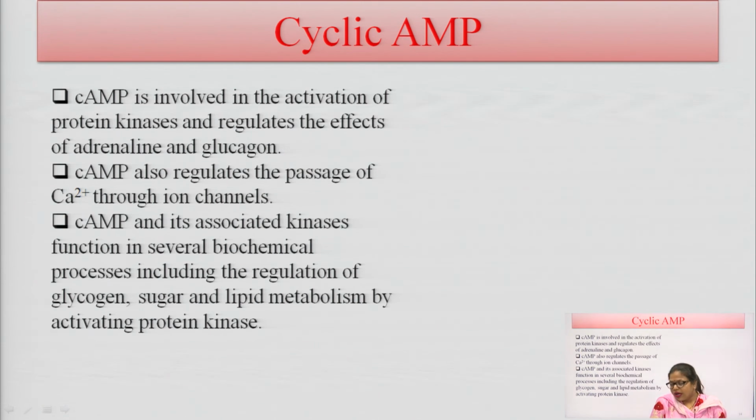It also regulates the passage of calcium ions through ion channels, and is helpful in muscle contraction. cAMP and its associated kinase enzymes function in several biomolecular processes, including the regulation of glycogen, sugar and lipid metabolism by activating protein kinase.